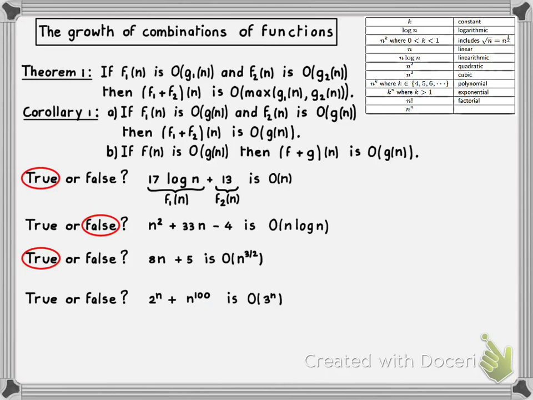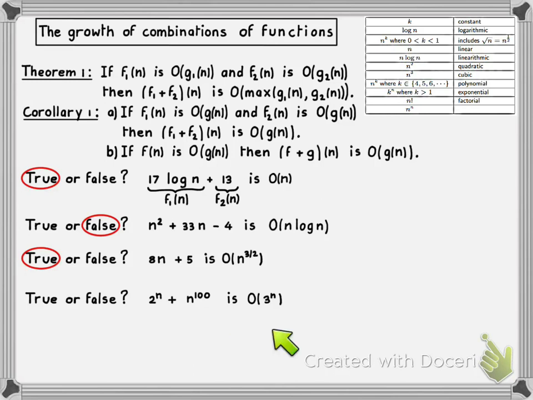Now, you should remember, again, you can refer to the table here for now, that any exponential function to any base greater than 1 grows faster than any polynomial function of any degree. So according to the theorem, since this function is big O of 2 to the n, this function is big O of n to the power 100, and this function goes much faster than the other one, their sum is big O of 2 to the power n.